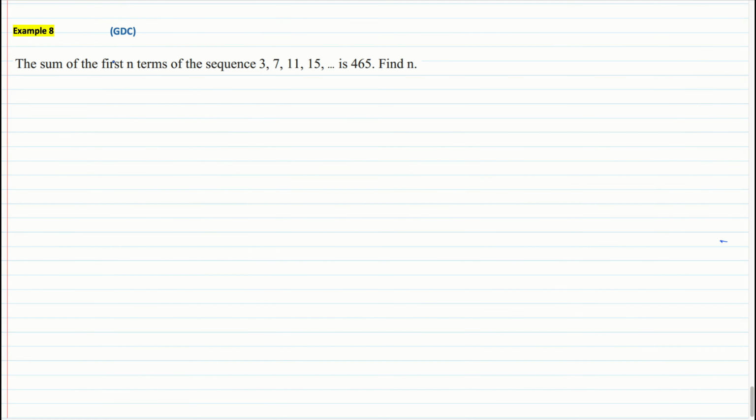In example 8, the sum of the first n terms of the sequence is 465. So Sn equals 465. From the sequence you have the first term u1 equals 3 and u2 equals 7, so d equals 7 minus 3 equals 4.